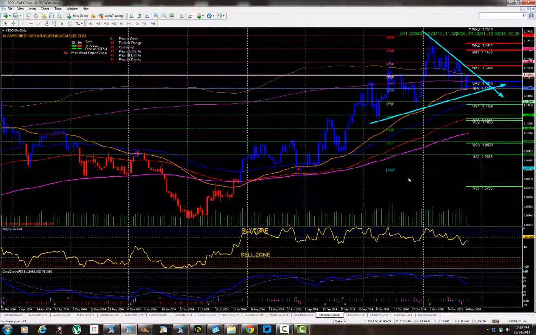So we have that to contend with on USD CAD, and that's on the daily, but it could provide us some quite large trades, even on the 5-minute. Let's see what we have.